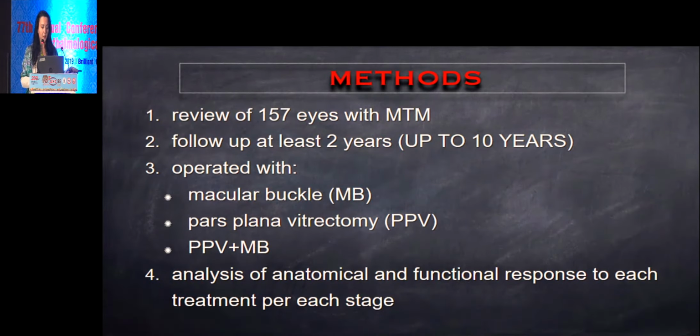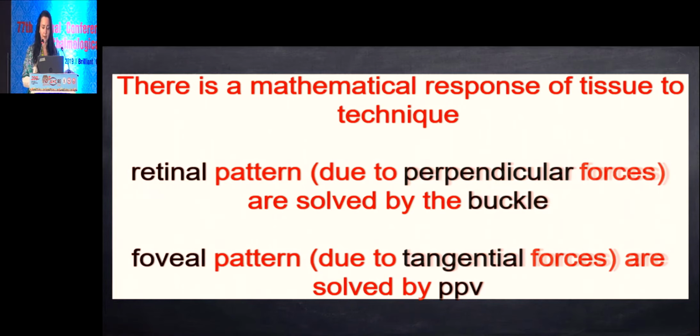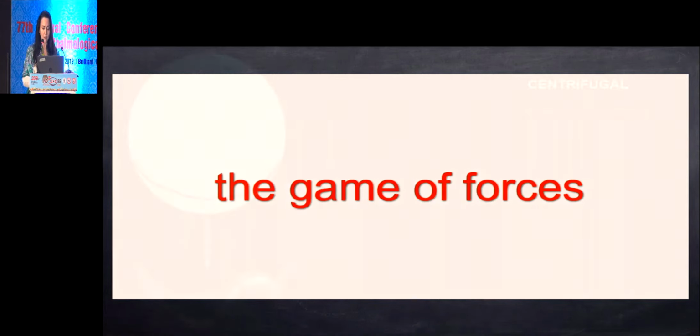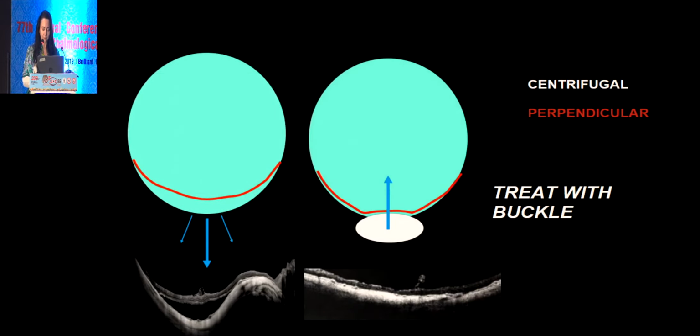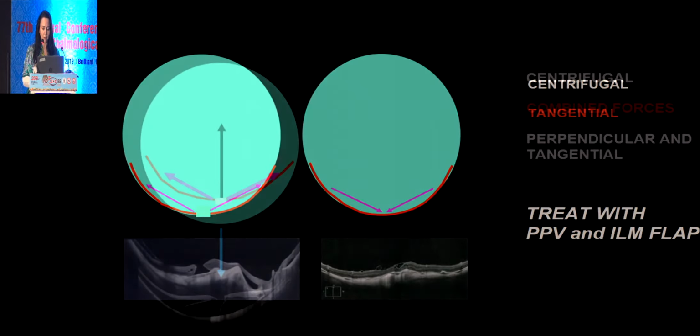And I have seen from these patients that have at least 2 years follow-up, that there is a mathematical response to treatment. So the retinal patterns should be treated with the buccal, and the foveal pattern should be treated with the pars plana.